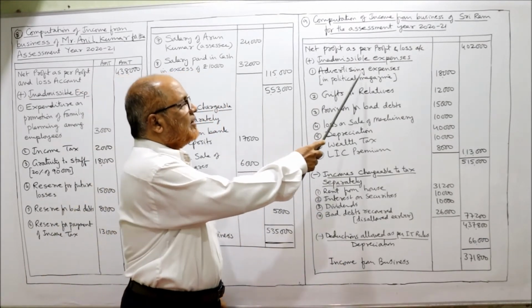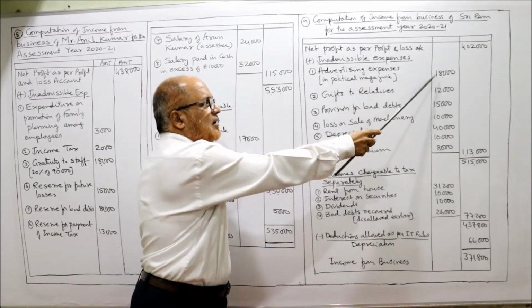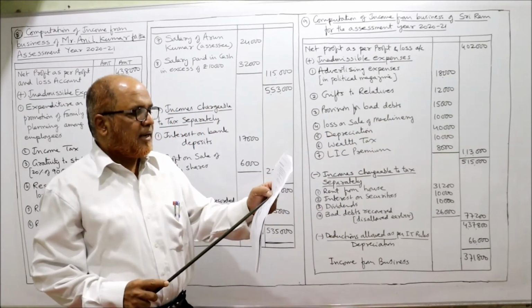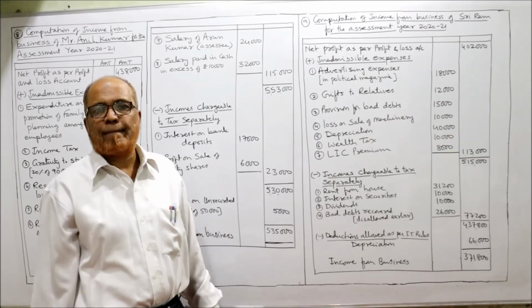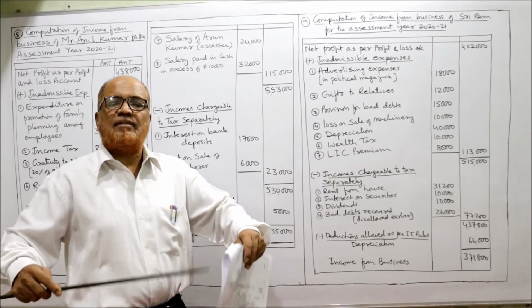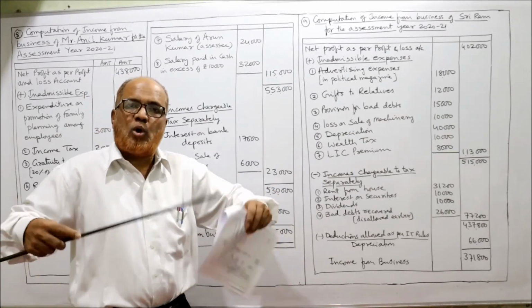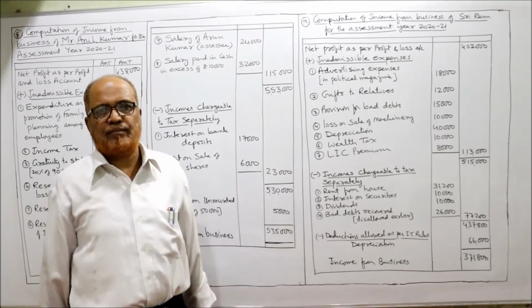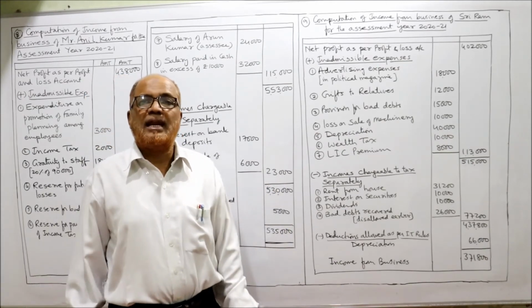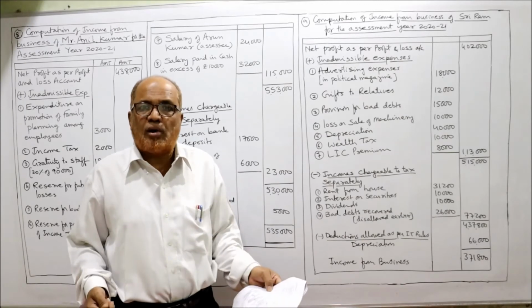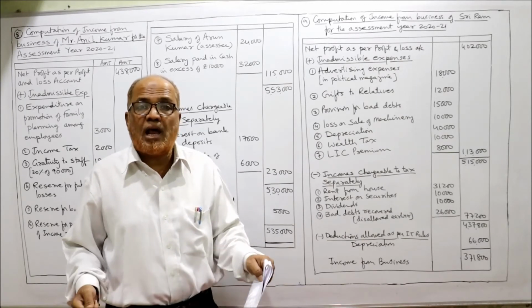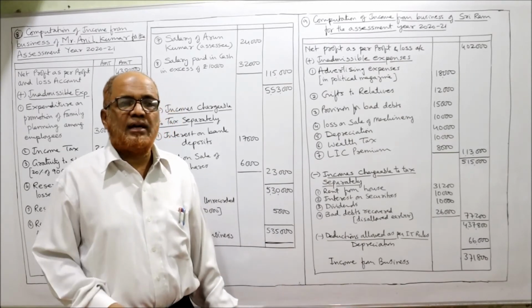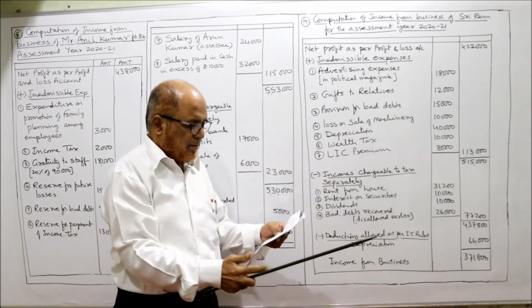So you can see advertising expenses in political magazine disallowed, 18,000. Next, gifts to relatives. If gifts and presents are given to customers to promote the business, it is allowed. When gifts are given to relatives, it is assumed that it is not related to business. Disallowed. Gifts given to relatives are disallowed, 12,000.